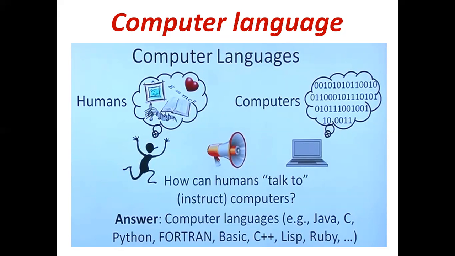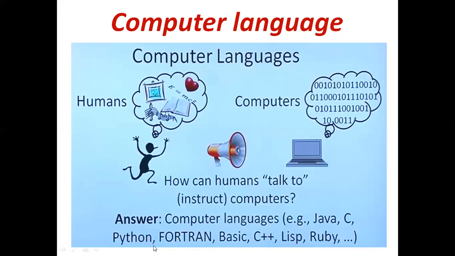The computer knows only machine language, but the user knows only well-known speaking languages. This speaking language will not be understood by the computer. So we have to communicate with the computer with the help of computer language. That is why we talk to the computer by means of instructions. That instruction is going to be a computer language.